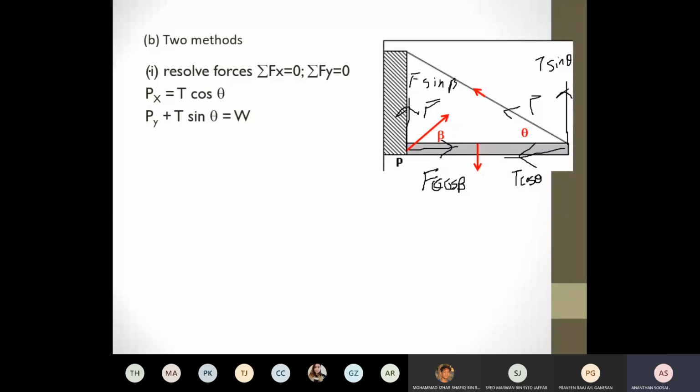Okay, so in this case, try to understand what Px and Py are. Px and Py are the components of this F. This is your Py, and this is your Px.